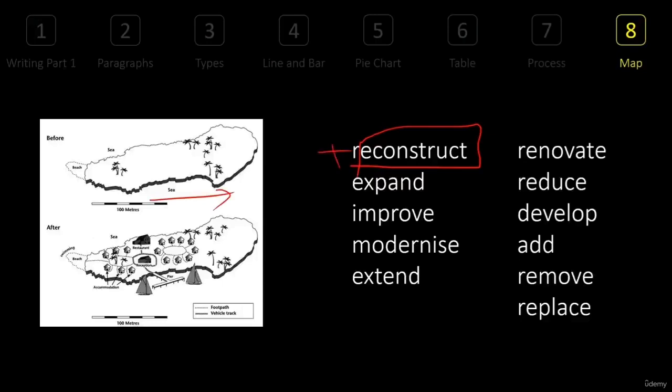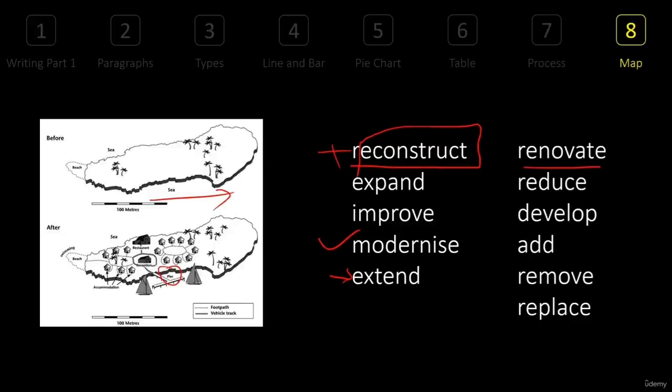Second one, is there anything expanded? Of course not. We didn't expand an island, right? That is done. Improve. Did we improve on anything? Nope. Yes, we did modernize. We created a modern design on the island. Did we extend anything? No, we didn't extend, except for this pier part which was added, not expanded anyway. Did we renovate? No, renovation was not there.